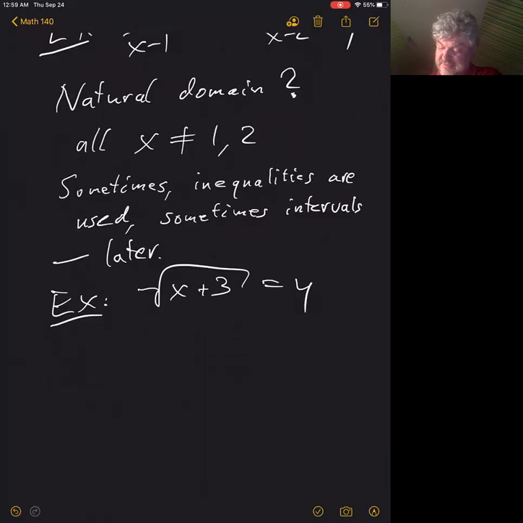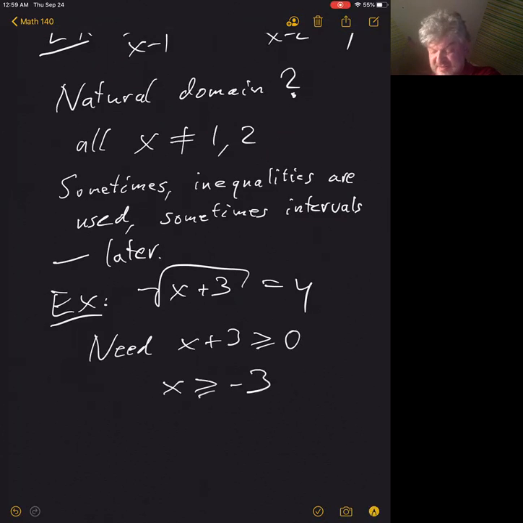So this only makes sense when under the square root, there's nothing negative. X plus 3 can't be negative. It has to be greater or equal to 0. There's your inequality. And when does that happen? It happens when x is greater or equal to -3.